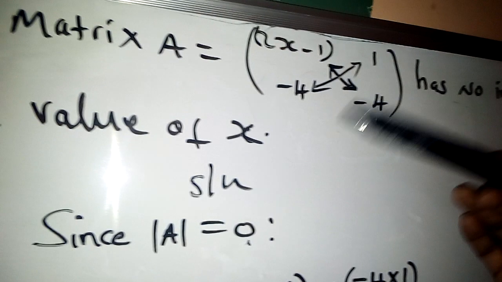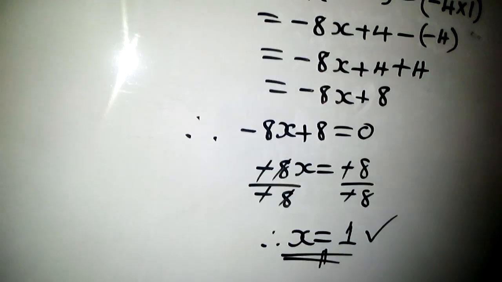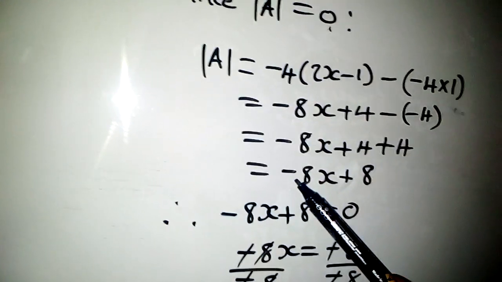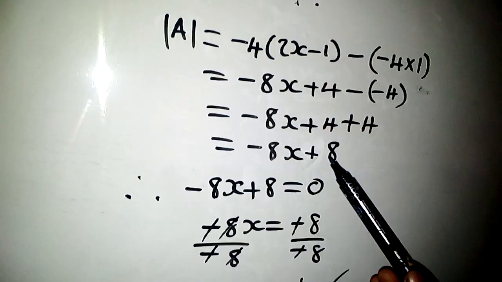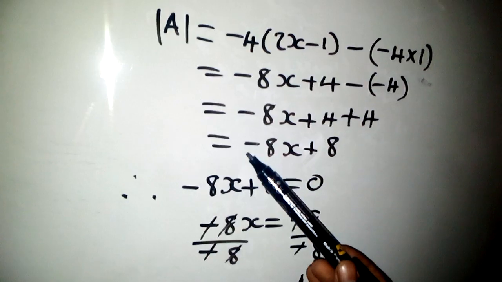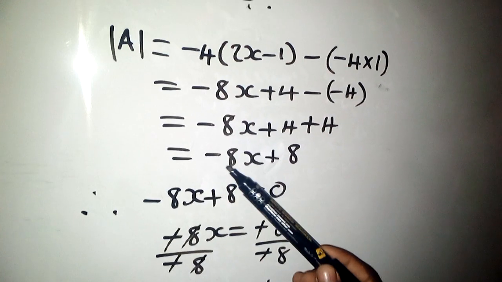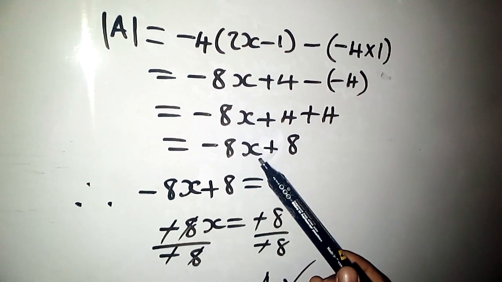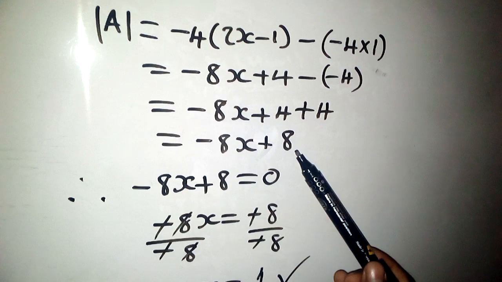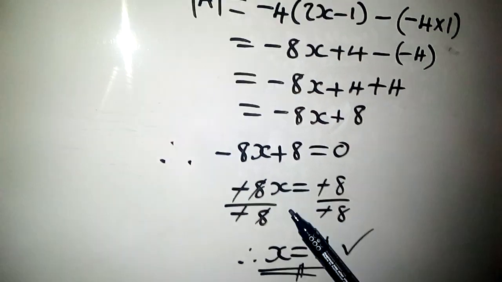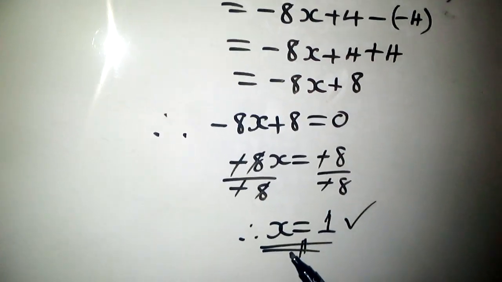Then that difference is what we actually got here, the difference we got as -8x plus 8. But we know that this particular matrix A does not have an inverse, so it simply means -8x plus 8 is equivalent to 0. Then we solve for x, and therefore the value of x is 1.